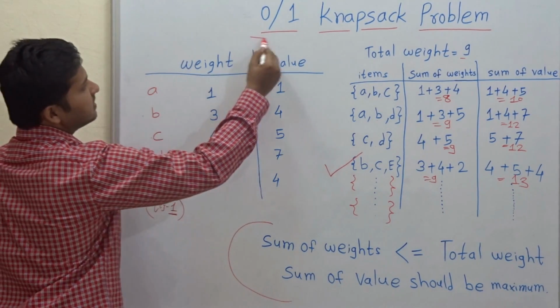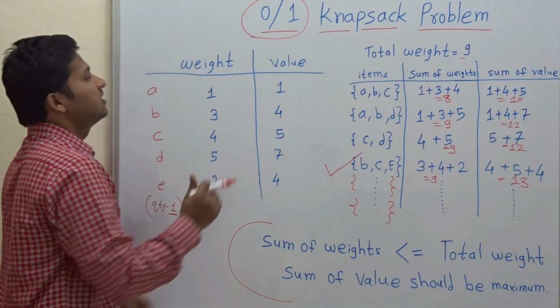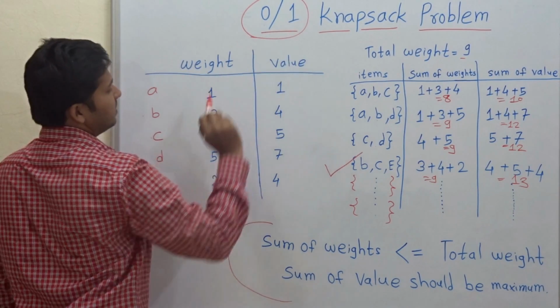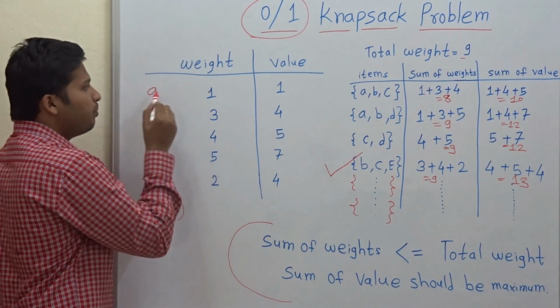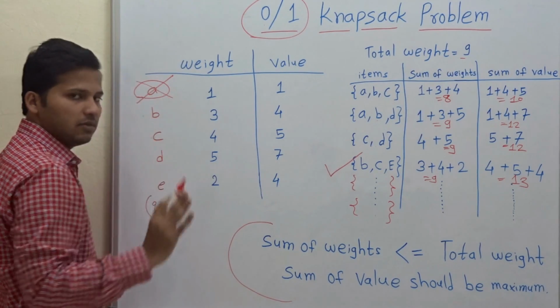Now what is 0, 1? So this 0, 1 means the binary condition, that is 0 or 1, means either you should pick the item or you should not pick the item.